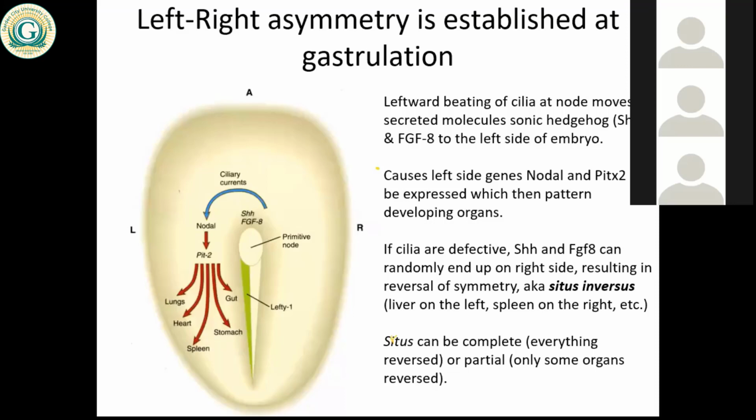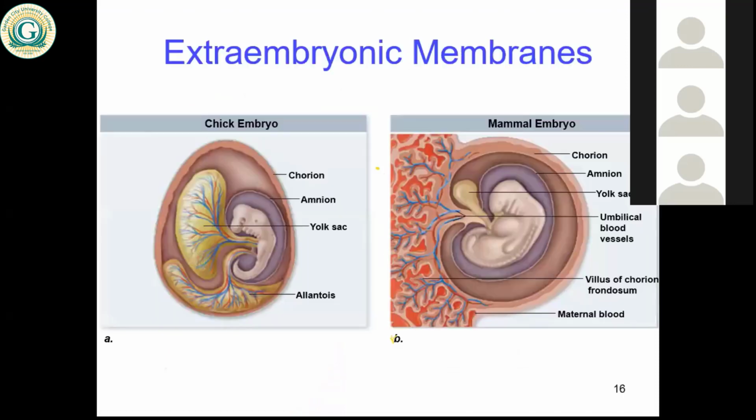If you read point 3 here, SHH and FGF8 can randomly end up on the right side. When these two genes don't function well, you have a condition we call situs inversus.